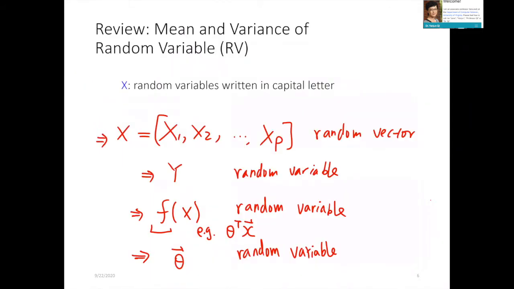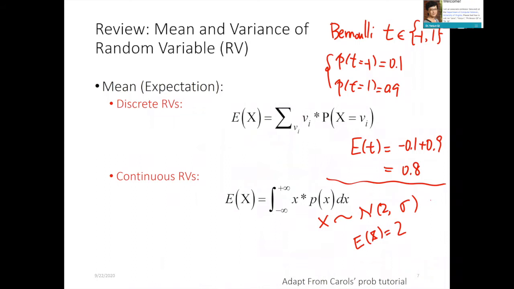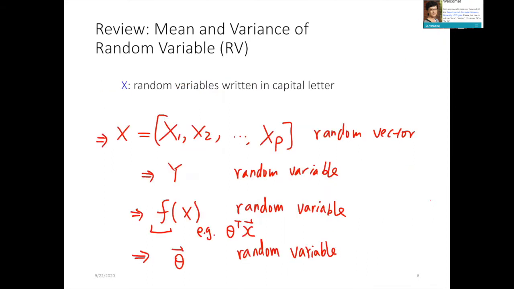To get this topic started, I have to review something called the mean and variance of a random variable. I hope you still remember the definition of the mean: you take the expectation of the values of that random variable, proportionally weighted by their likelihood. Before that, I hope you still remember what we mean by a random variable.